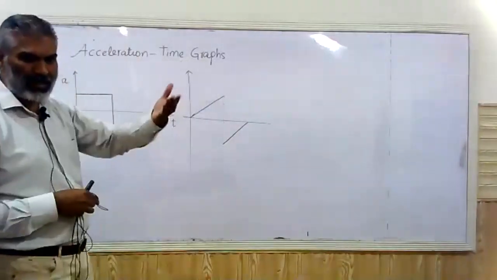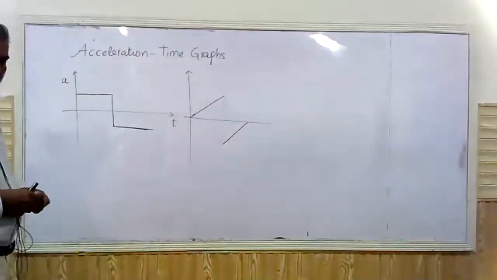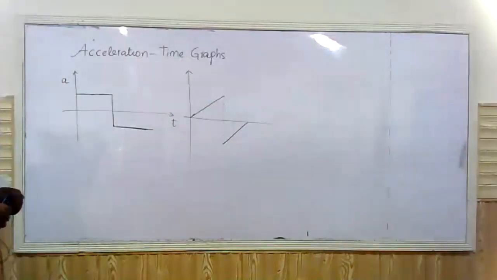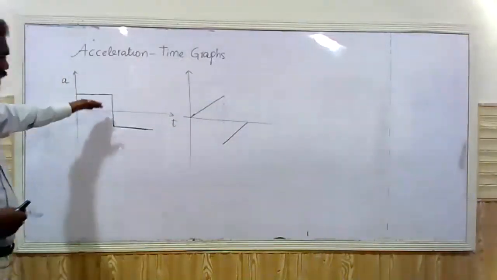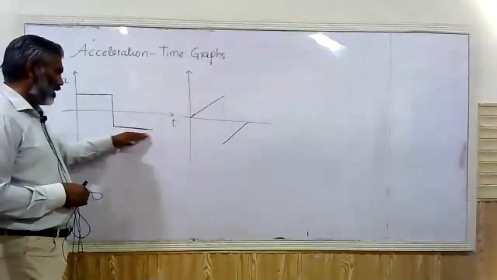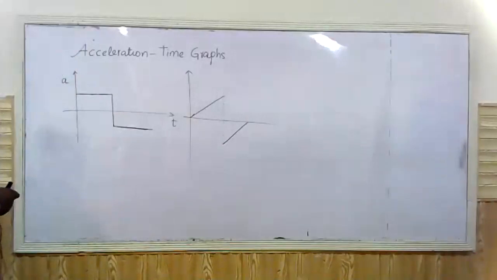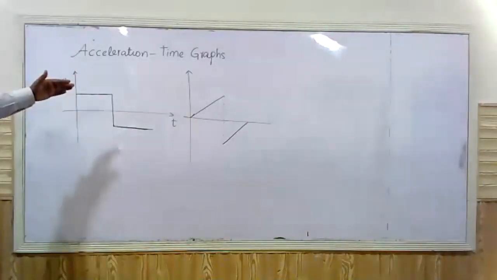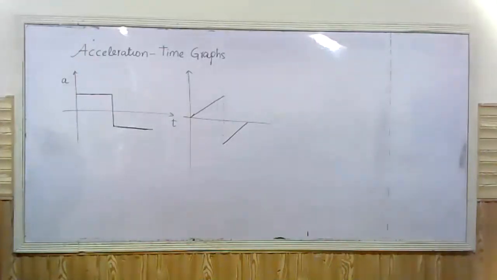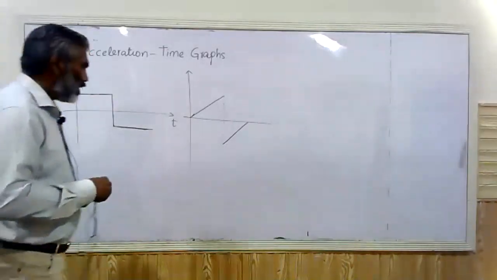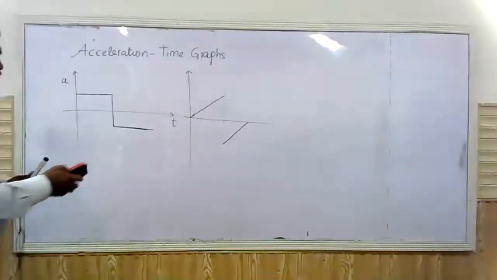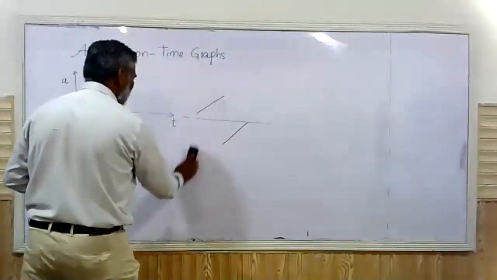But during this time, the acceleration is downward, so it decelerates. So the deceleration is shown with negative side. So this could be the shape of the graph during the bounce. So it may be a sudden change in velocity, and therefore the change in direction of the acceleration. So acceleration time graph could be like this. This could be the shape of the velocity time graph.